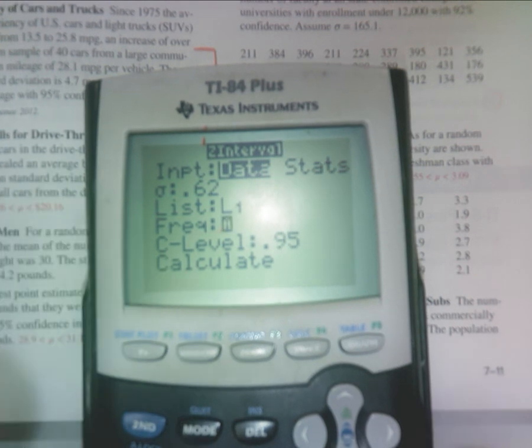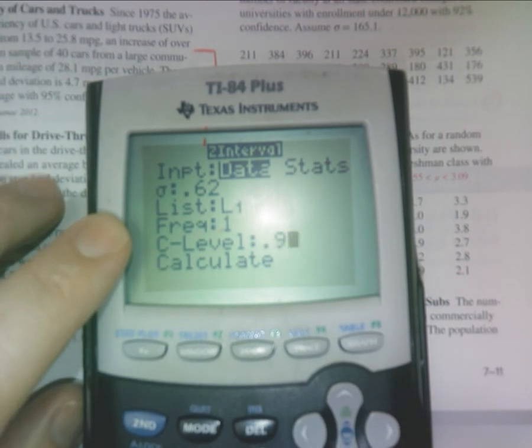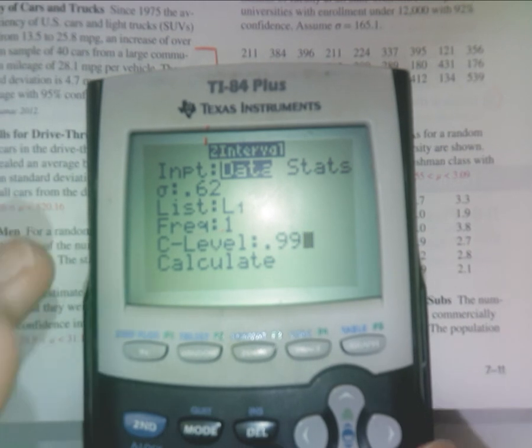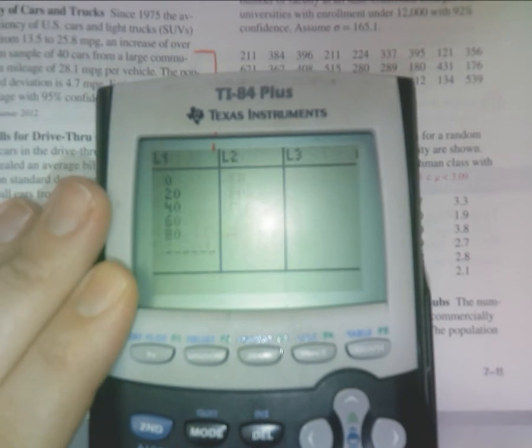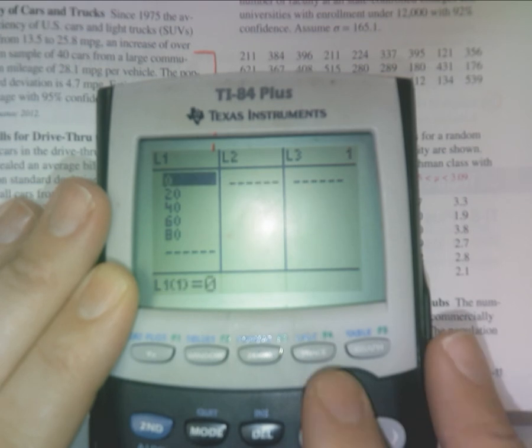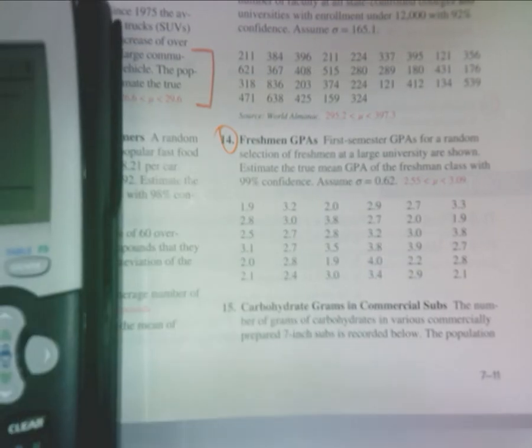Don't worry about frequency. Always leave it at 1 because you're not having 2 of the same data. And then my confidence level is 0.99. So here's all you have to do. Actually, we probably should have entered the list first, but it doesn't matter. You do have to go to Stat, Edit, and enter all of that into list 1. Get to entering. I'll be there with you.